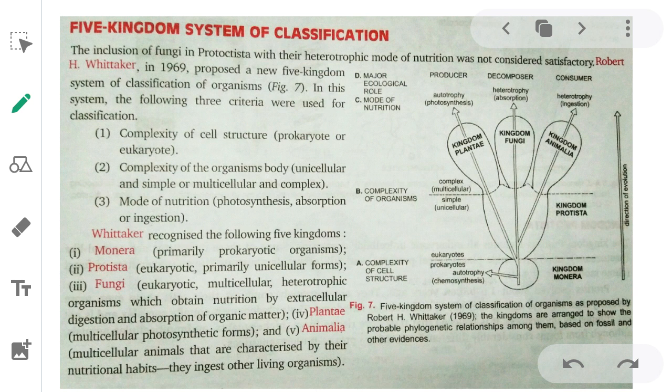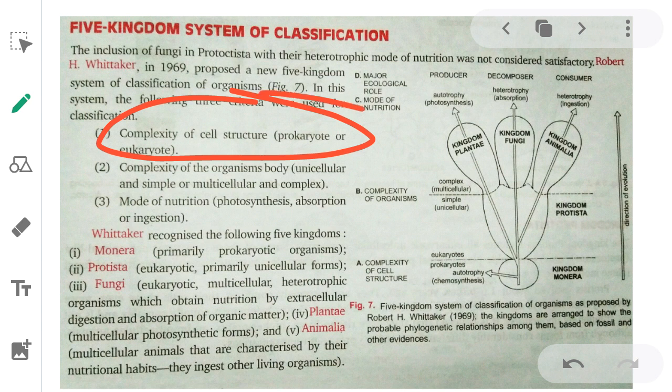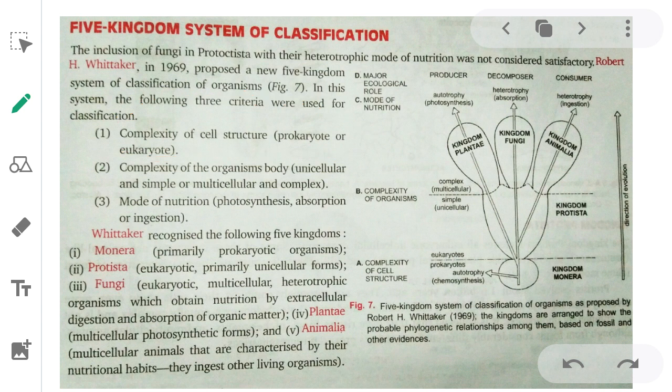Let me explain first. The first basis of this system of classification was complexity of cell structure. That means prokaryotic or eukaryotic.